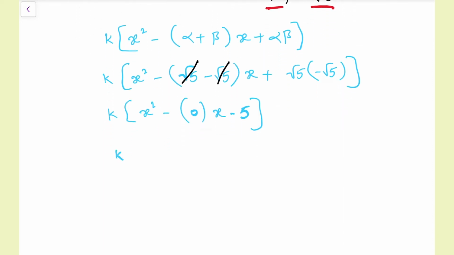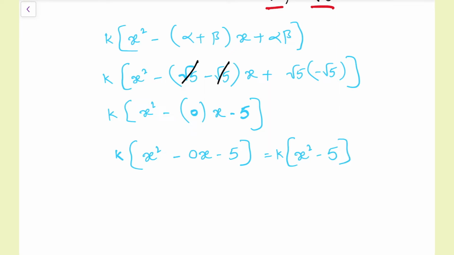So k into x square minus 0x minus 5. 0x is 0, so it is not necessary and I am removing it completely. We remain with k into x square minus 5.